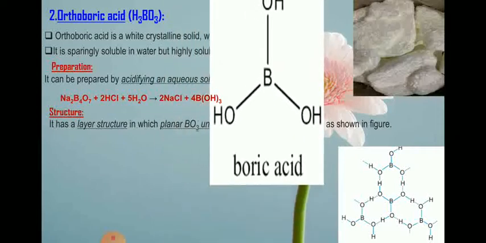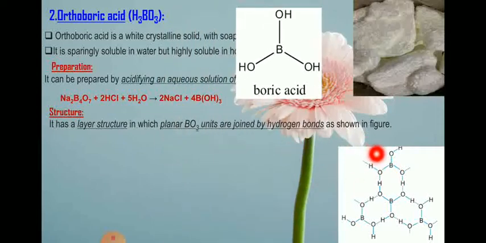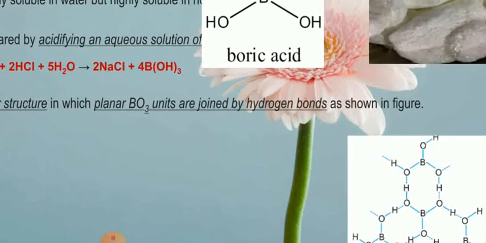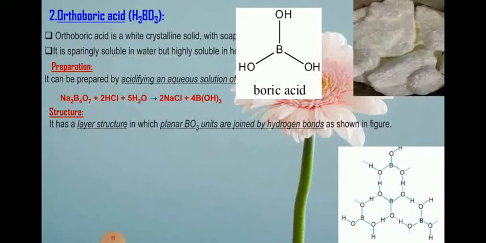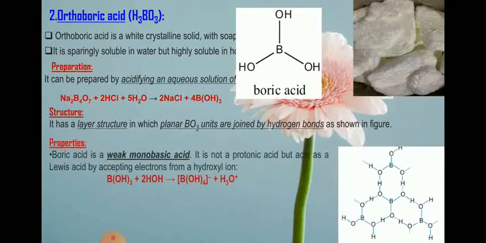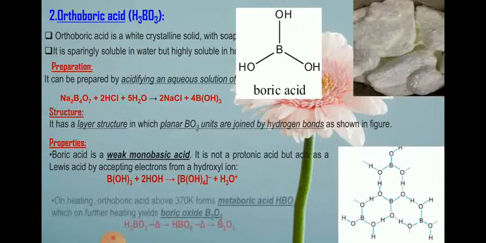When you look at the structure of this orthoboric acid, it has a layered structure, in which planar BO3 units are joined together by hydrogen bond. Can you see in this structure? These planar BO3 molecules are joined together through what kind of bond? Through hydrogen bond. One orthoboric acid links with another orthoboric acid through intermolecular hydrogen bonding.